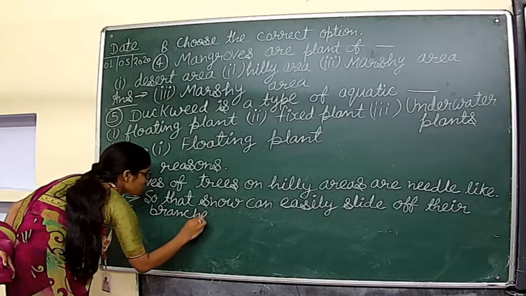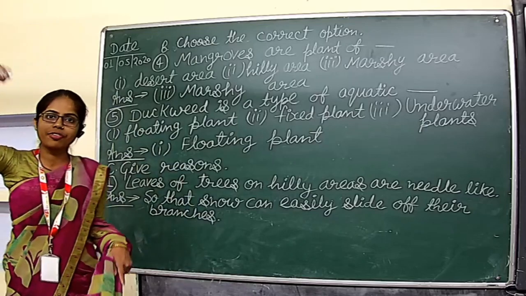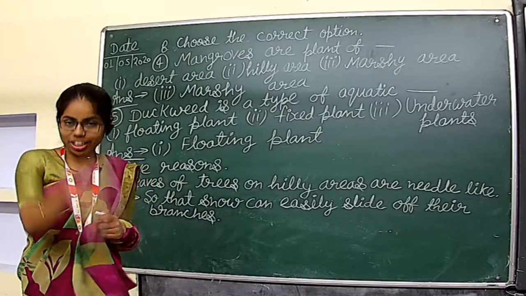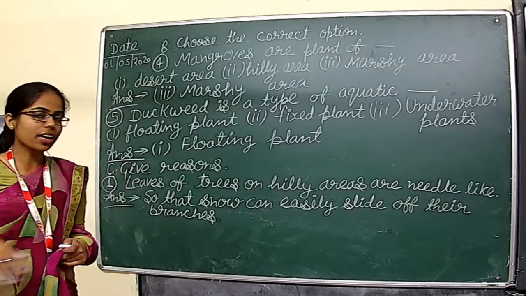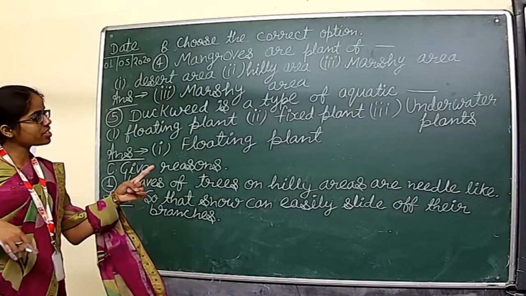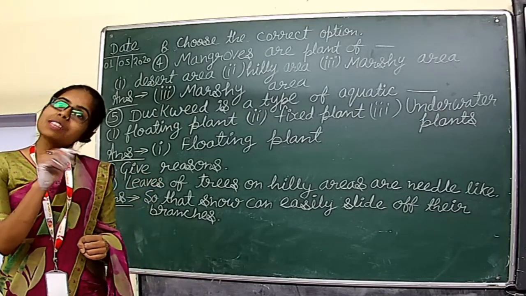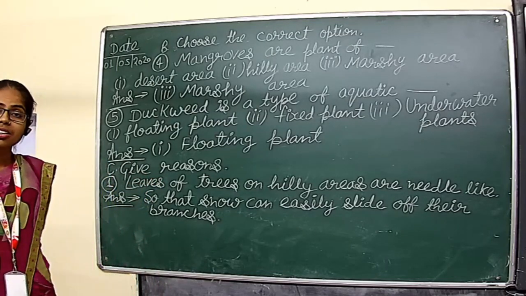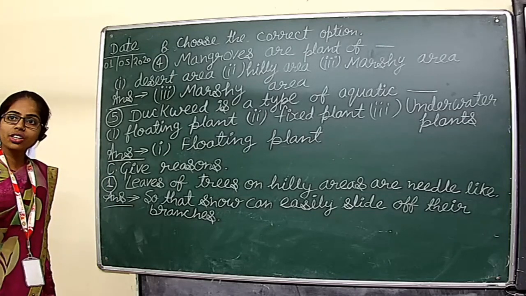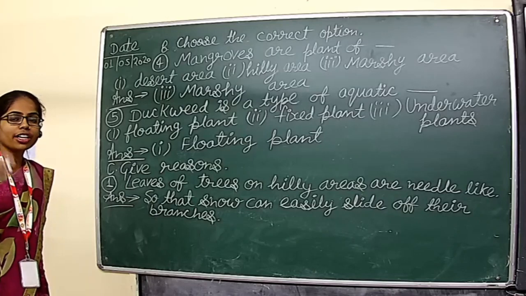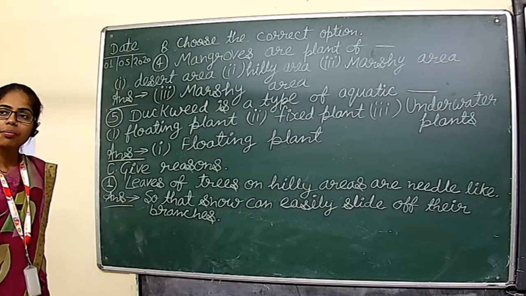What is the meaning of sliding off? It means when the snow falls on your sleeve, it will not stay there. It will come down on the earth. Leaves of trees on hilly areas are needle-like. What is the reason behind it? Because when the snowfall occurs, it will not stay on the leaves. It will fall down on the earth. It means it will slide off their branches.